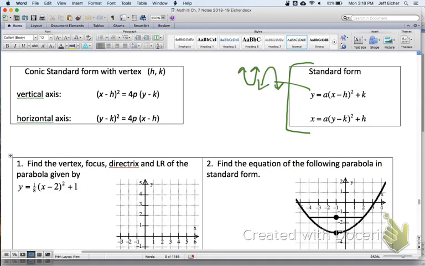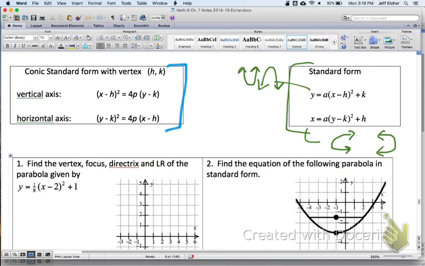Those would be functions. But the x equals form is for parabolas that open to the right if a is positive, or open to the left if a is negative. So those aren't functions, but they are relations. They are conic sections. So that is a new part of the lesson today.